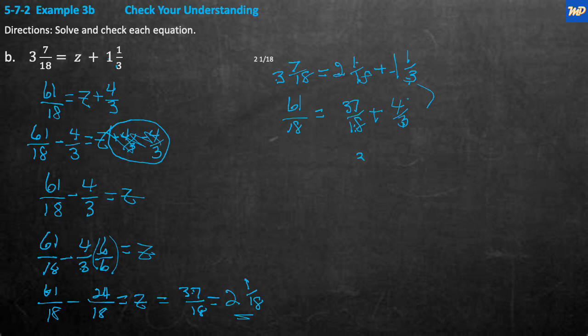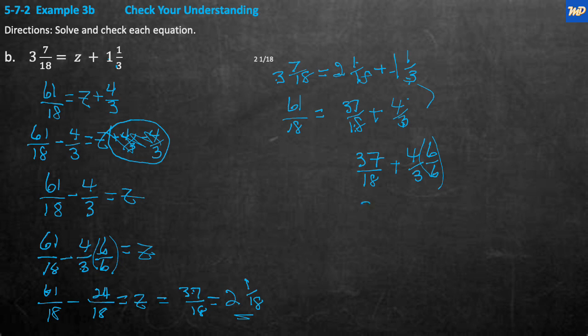So we're going to have 37 over 18 plus 4 thirds times 6 over 6. Oh, that's it, not plus nothing. Get rid of the plus. Okay, sorry about that.